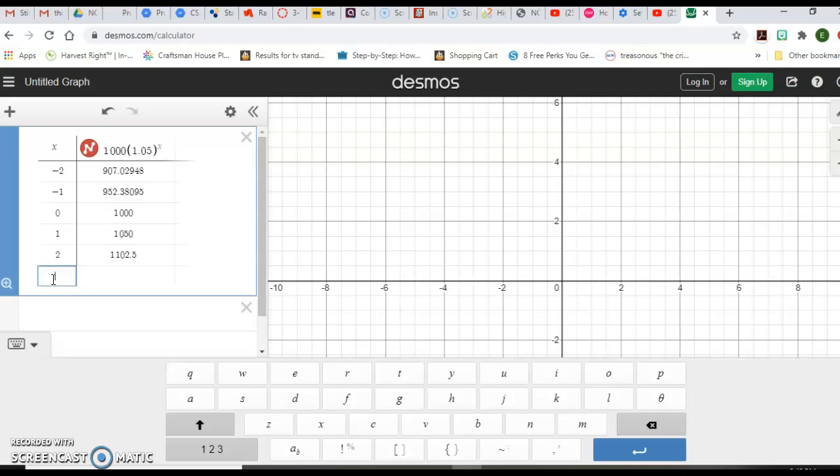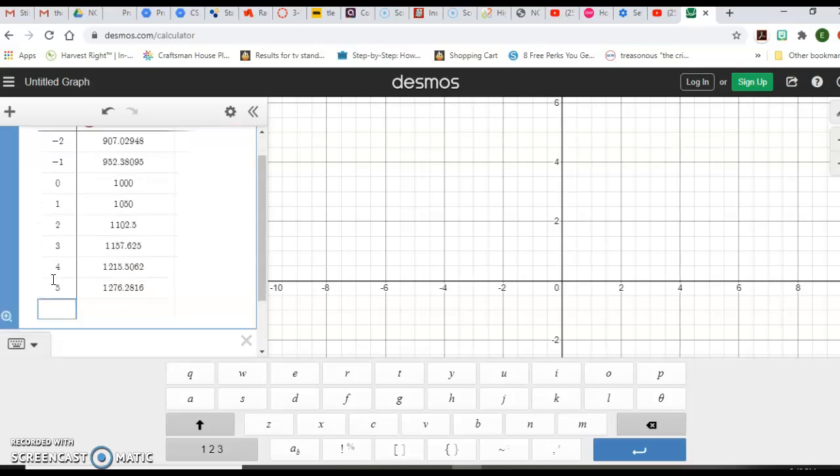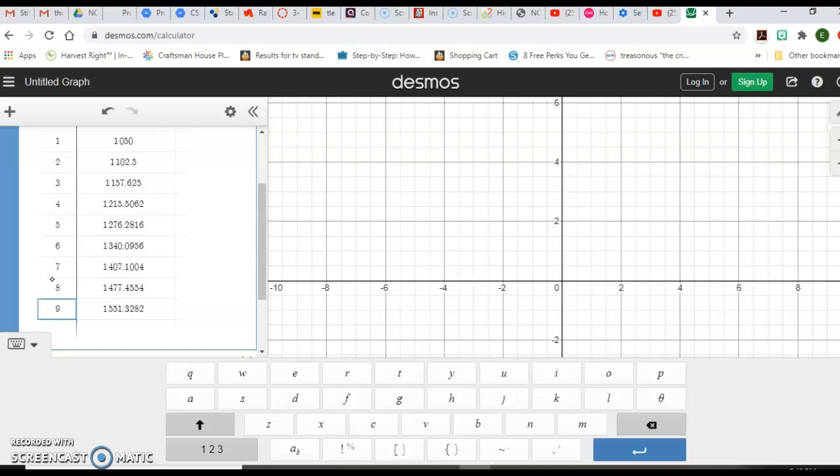We need to go farther, so we'll just keep adding values here until we get that $1,500 that we want. Okay, we're getting close. There we go. So in 9 years, we should get that value.